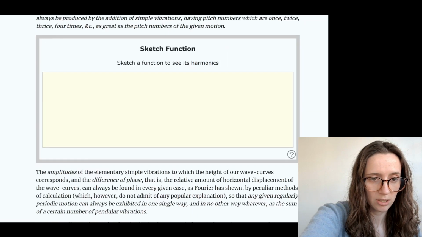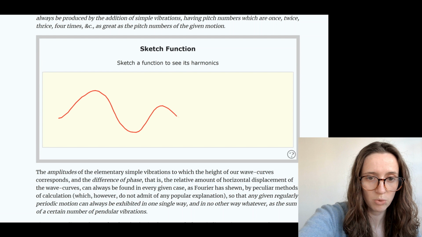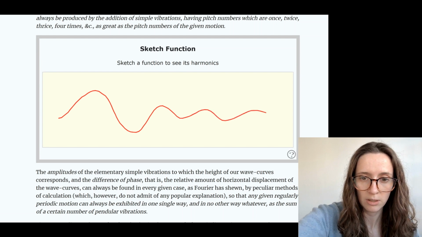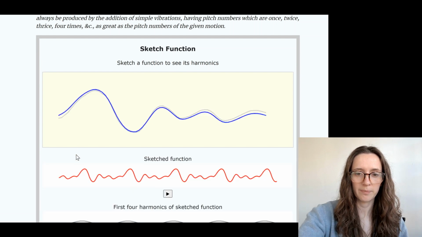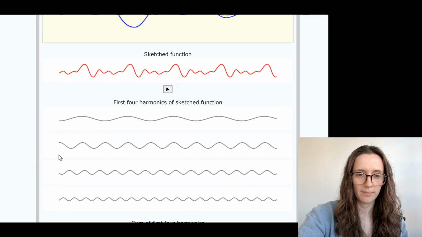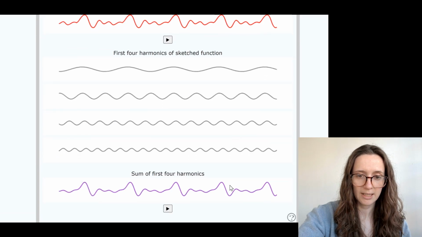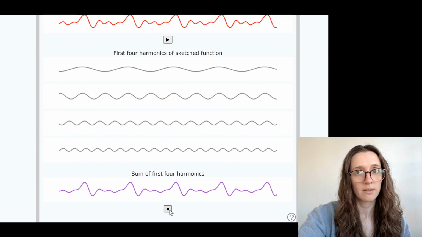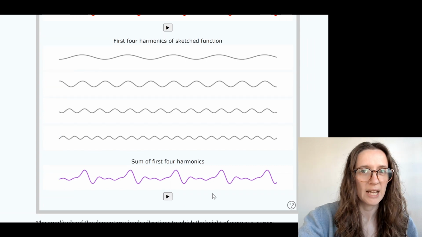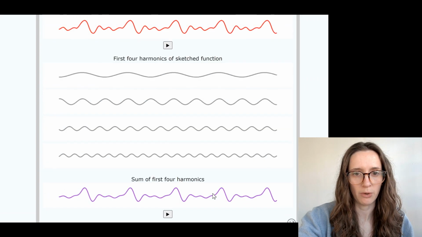First, let's sketch a nice smooth function. And here, the harmonics. I definitely mostly hear that prime tone.